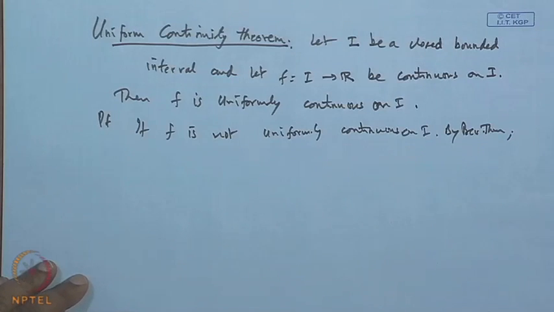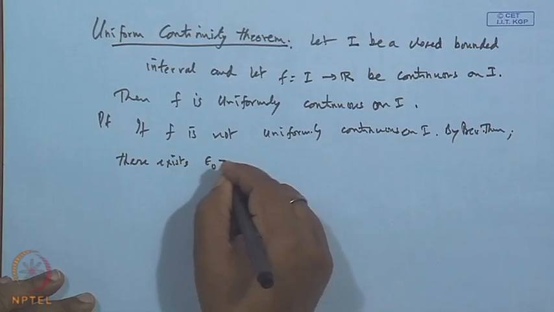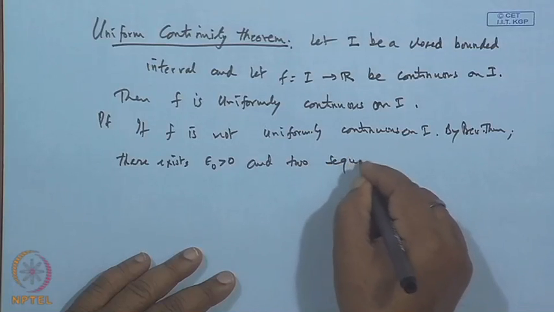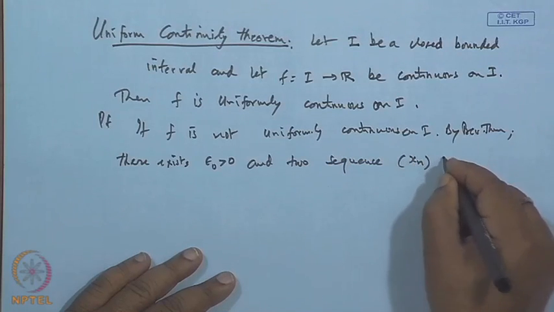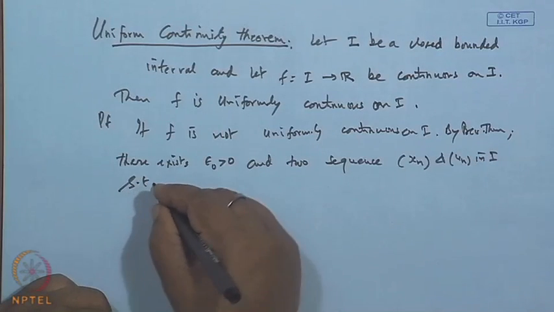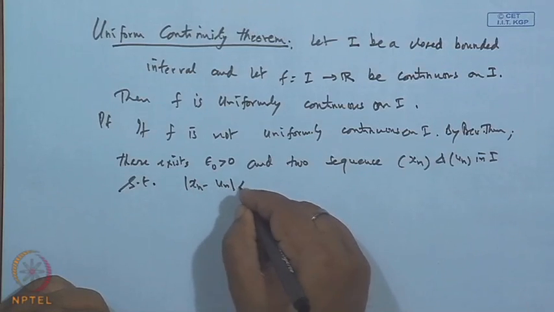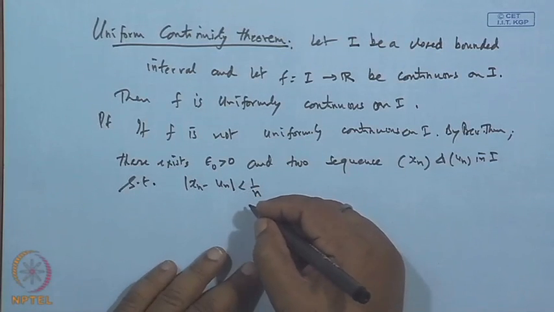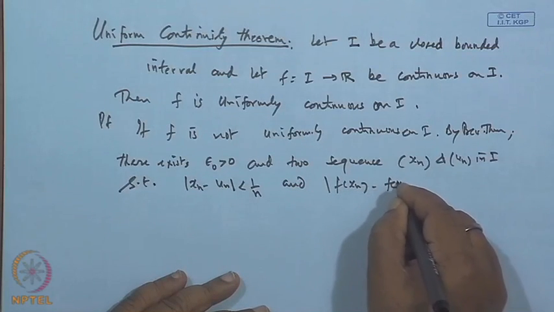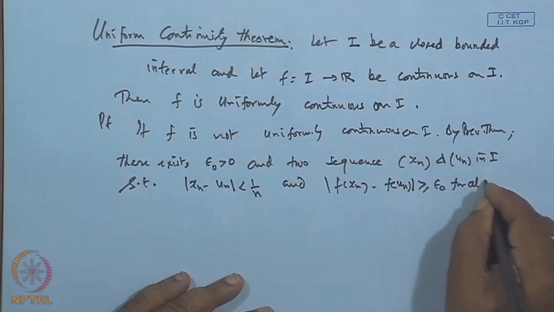Then there exists an epsilon naught greater than 0 and two sequences x n and u n in I, such that the limit of the difference between these two is 0, meaning the difference is very small, say 1 by n, but the modulus of f x n minus f u n exceeds this epsilon naught for all n.